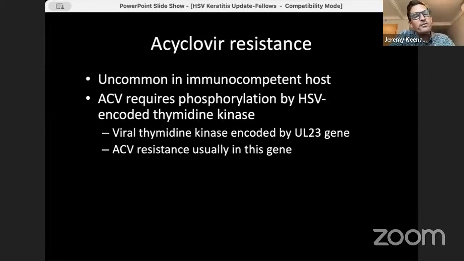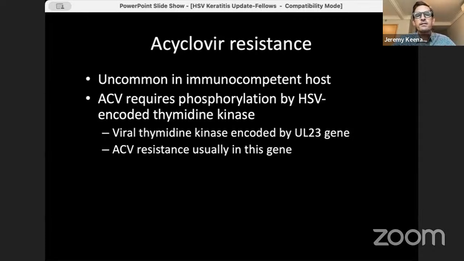To take a step back, acyclovir requires phosphorylation by herpes simplex virus encoded thymidine kinase, and that is encoded by the UL23 gene. And so usually when we're talking about acyclovir resistance, we're talking about resistance in this UL23 gene. And there should be cross resistance against acyclovir, valacyclovir, which is just a prodrug of acyclovir, and Famvir.